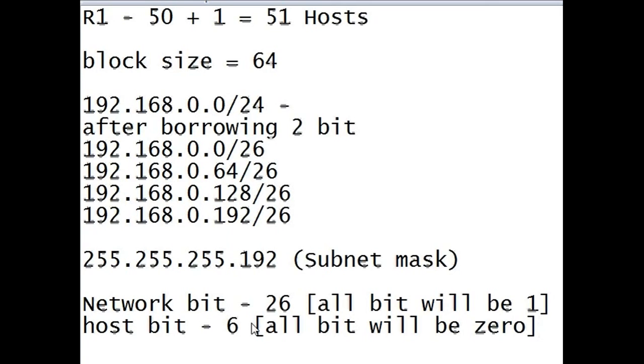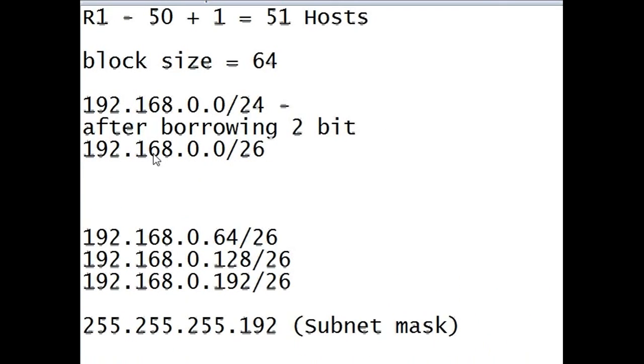In these 4 subnetworks I will be taking only the first subnetwork. So let's get the specification.